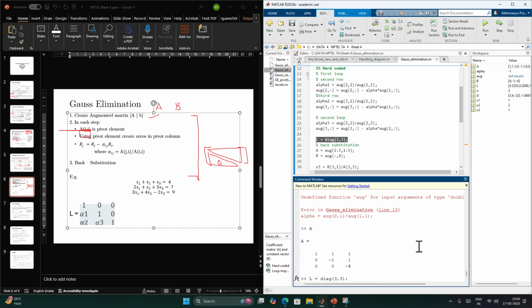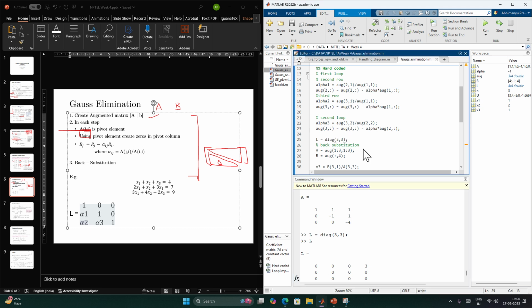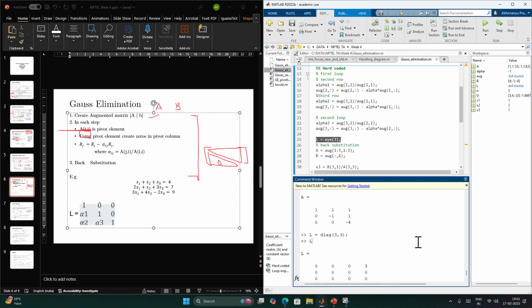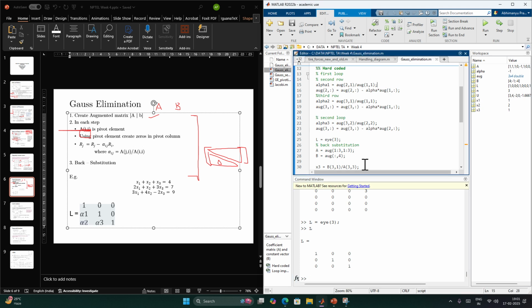Use I. It's not a problem. This will give us a diagonal matrix, and now we just need to replace these elements, right?